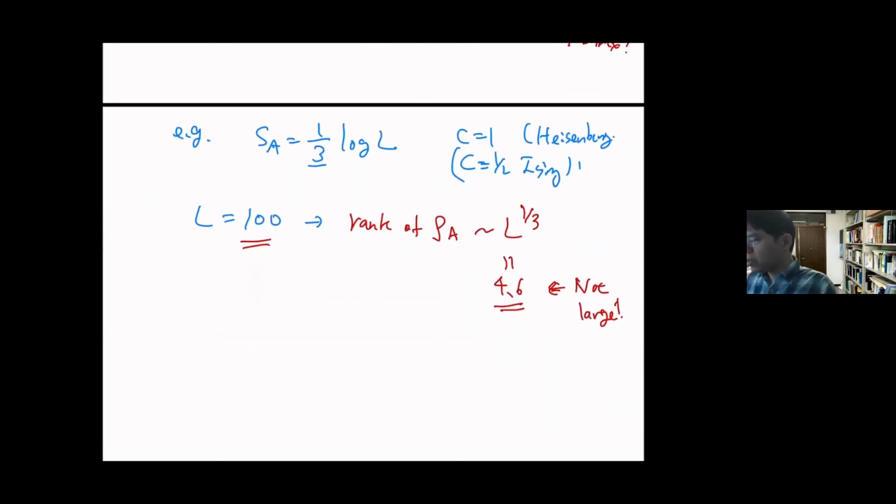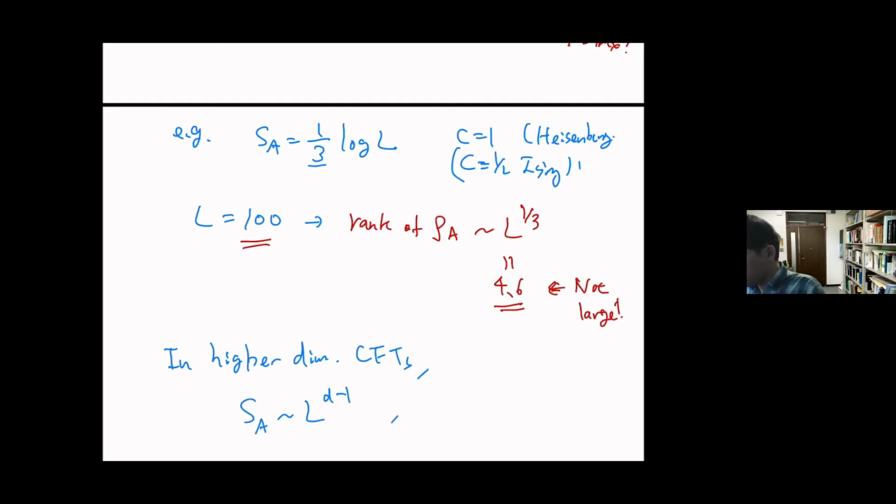But if you go to higher dimension CFTs, then entanglement entropy scales like the area, not logarithmic like this. Then the rank of rho A is exponential. This is very huge. We don't even need to plug in a value, it's obvious this is huge. This means that in higher dimension, for example at a critical point, numerical calculation is very difficult.